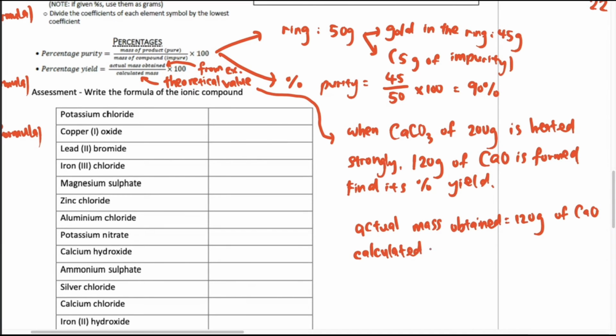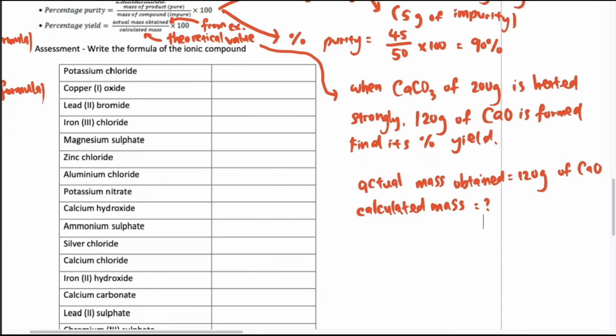Calculated mass. You want to find out the calculated mass, you need to first write the chemical equation. Calcium carbonate, you heat it strongly, it becomes calcium oxide plus carbon dioxide. Okay, so is the equation balanced or not? You see calcium, one calcium on the left, one calcium on the right, balance.